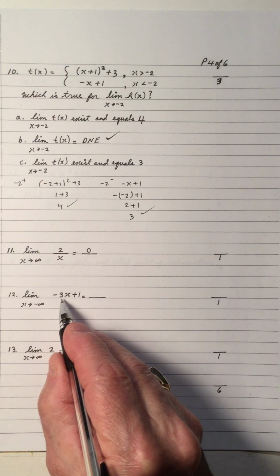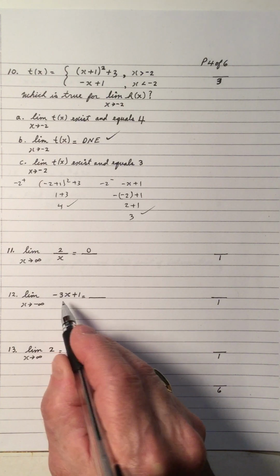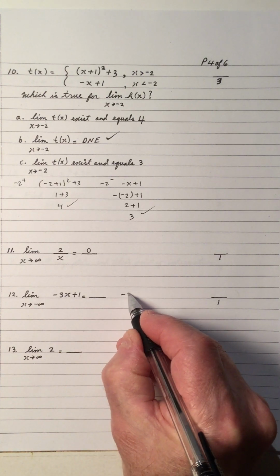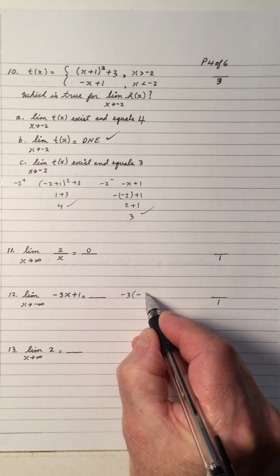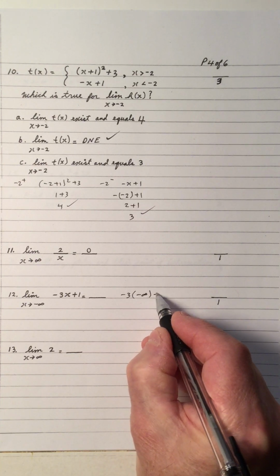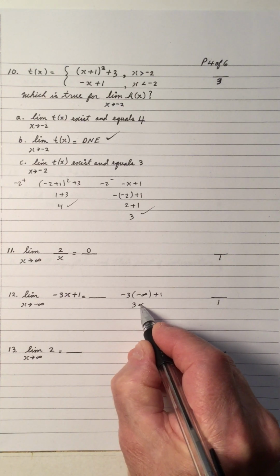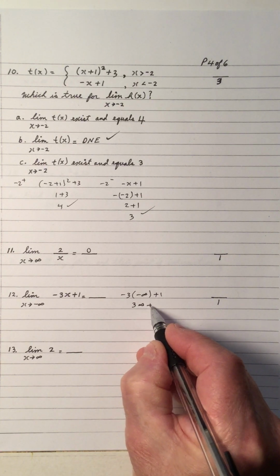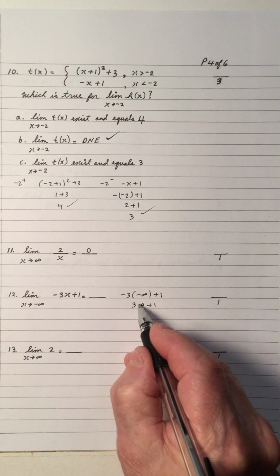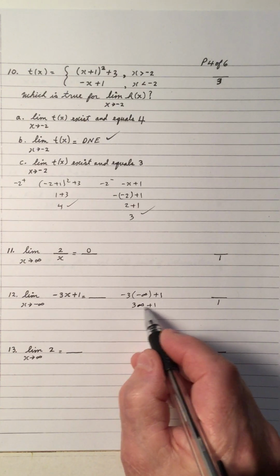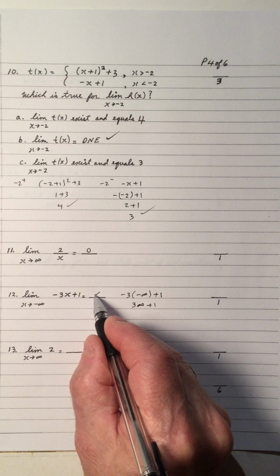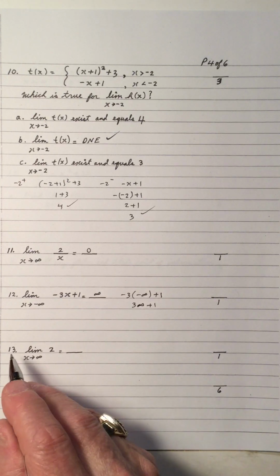And what about if we go to negative infinity here? So this is negative 3, and we're going to negative infinity. Negative times negative is positive, so it's 3 times positive infinity plus 1. That's 3 times a larger number, so the limit is positive infinity.